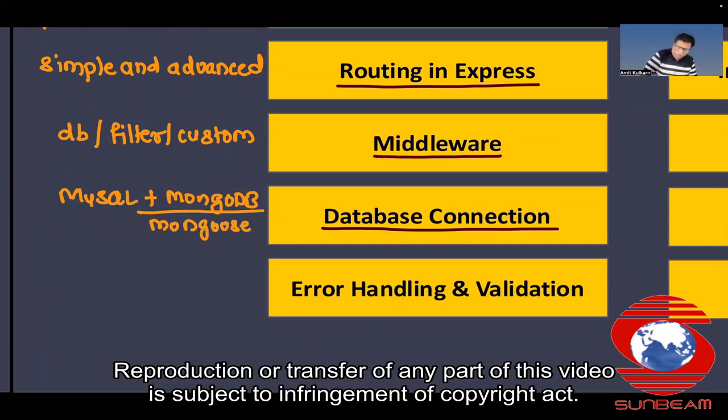Mongoose is maybe you can call it a framework which is used for communicating with the Mongo database. Very simple, very straightforward. You don't even have to know MongoDB if you are using Mongoose. It is that simple because it's a programmatic way to access MongoDB. But I'll show you examples in both Mongoose as well as MySQL.